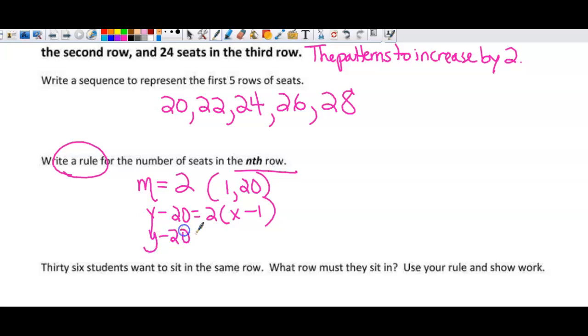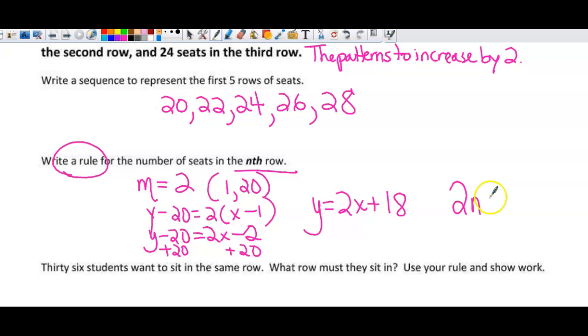Y minus 20 is 2 times x minus 1. Add 20 to both sides. You get y equals 2x plus 18. However, remember, the rule does not want y equals and x. We want 2n plus 18.